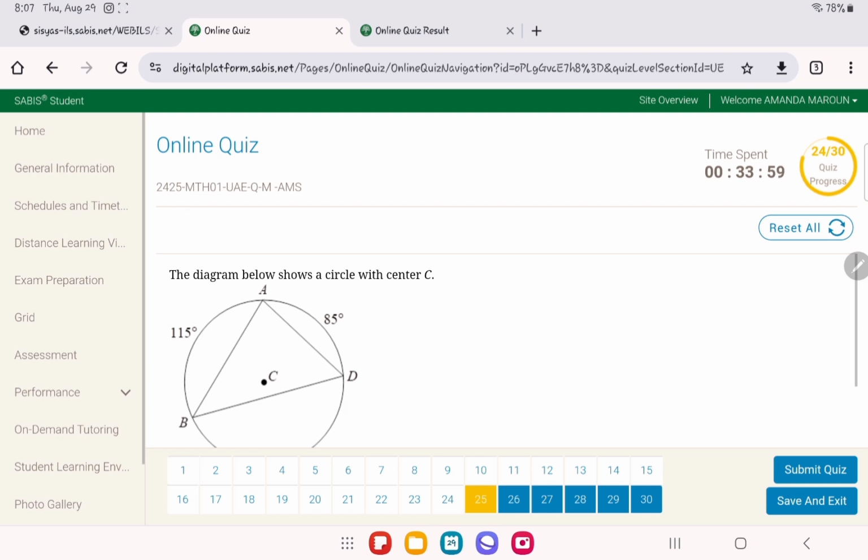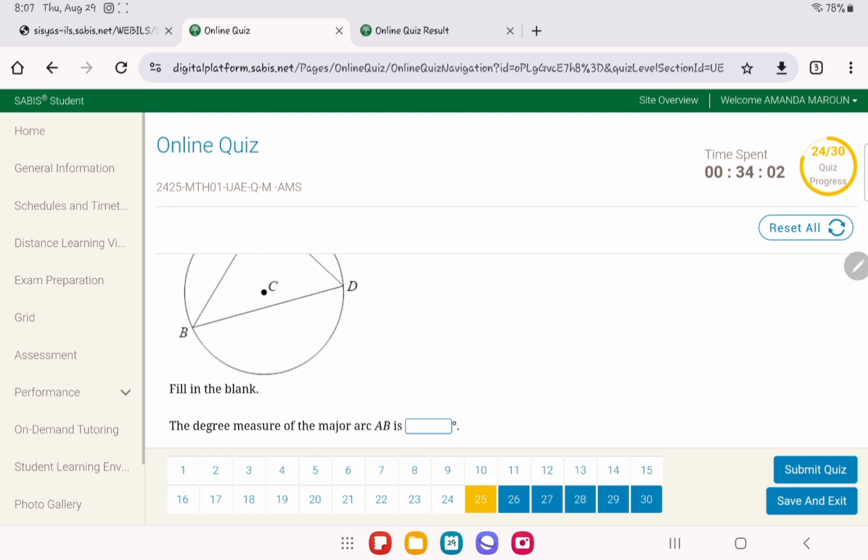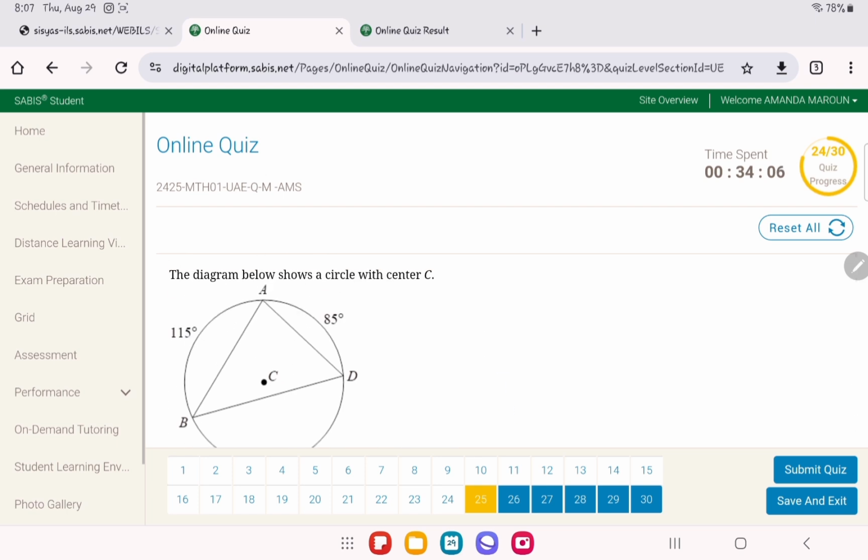Now, the diagram below shows a circle with center C. The degree of the major arc AB. Look, the major arc AB. They need the degrees. We know that in a circle, the angle is 360 degrees. And they're telling us they need only this.